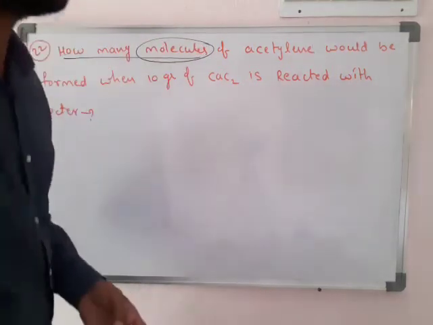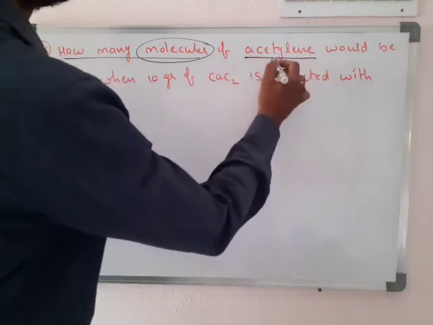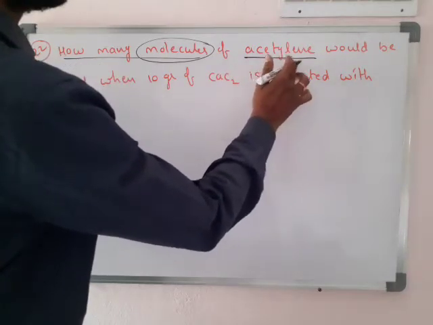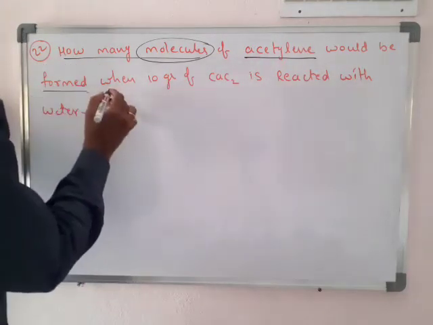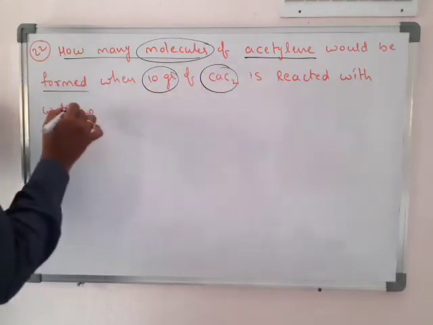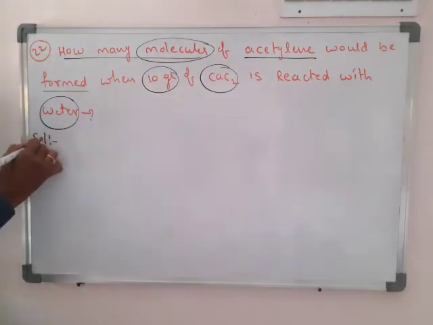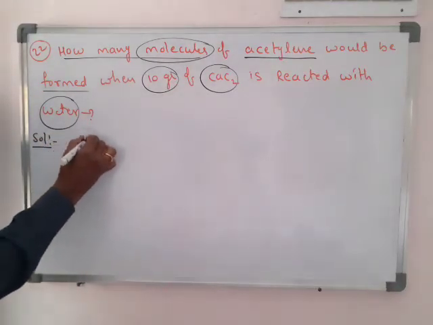We do that calculation here of acetylene. What is the formula of acetylene? C2H2 would be formed when 10 grams of calcium carbide reacts with water. We have to know the reaction of calcium carbide.